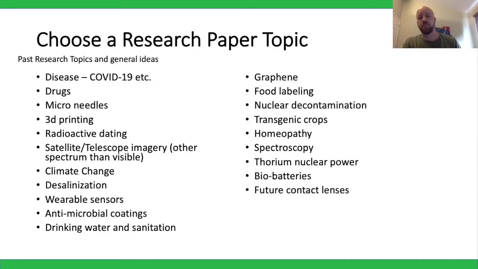So then we need to move on to picking a topic. It doesn't matter which class you have, choosing a research paper topic is usually the most difficult part. In many science classes, there are constraints. If you are in a chemistry class, oftentimes the professor will want you to pick a chemistry topic.